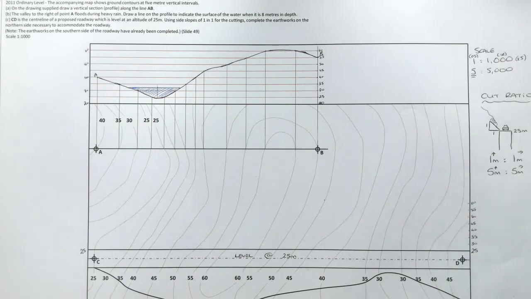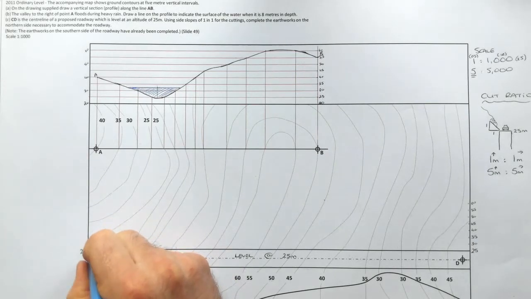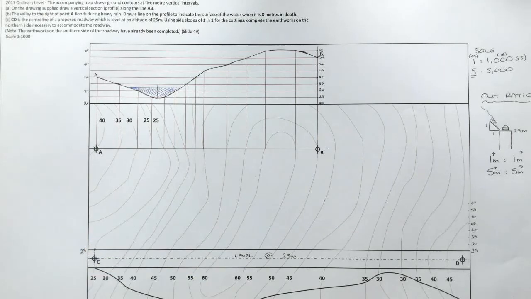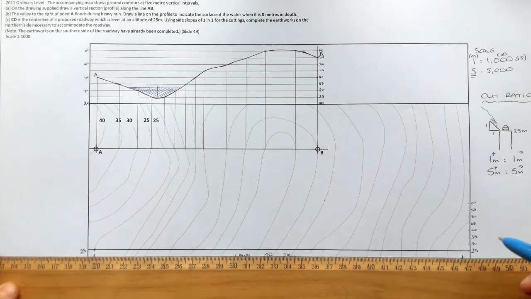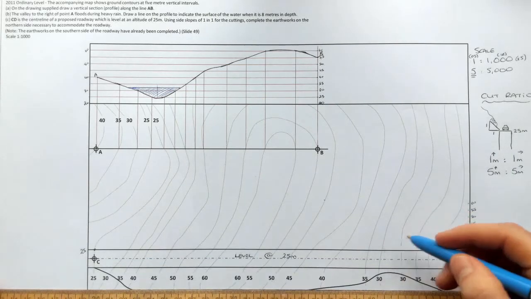Okay. Now, if I wanted to be neat and tidy, and I'll try and be as neat and tidy as possible this time, for my 25 contour, I know it meets the road right here. Okay, and is there any other 25? I don't think there is. But for my 30, I can see that there's one here. I'm just trying to see, is there anyone else? Yeah, there's one here and one here. Okay, so for my 30, I'm going to try and keep it, it's this one and this one.